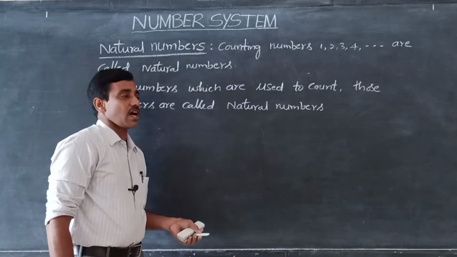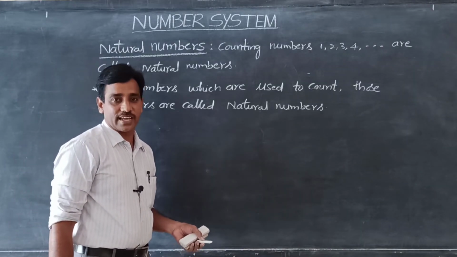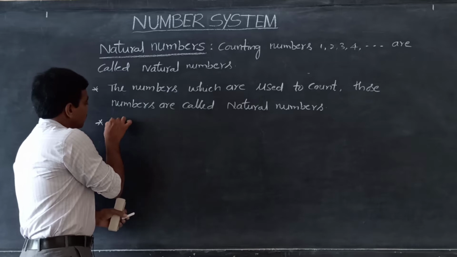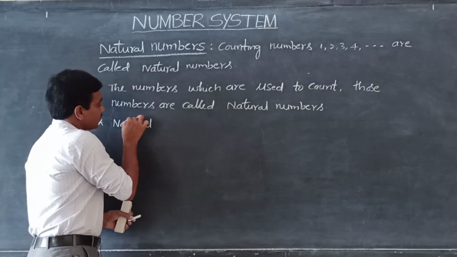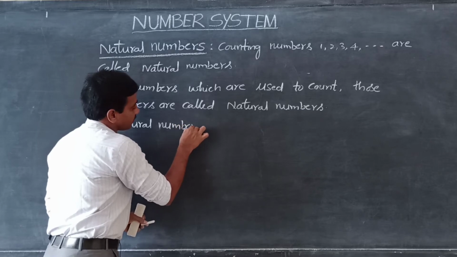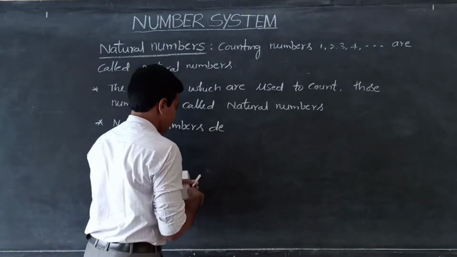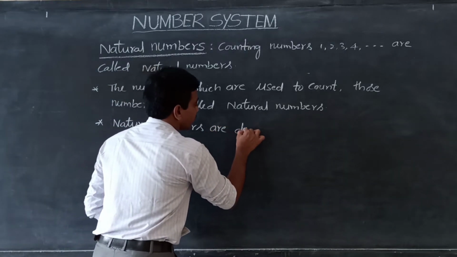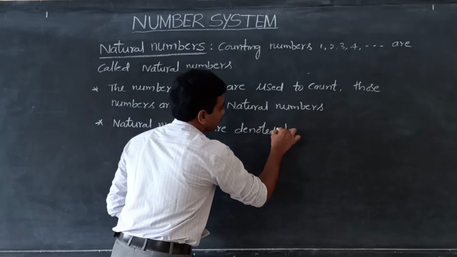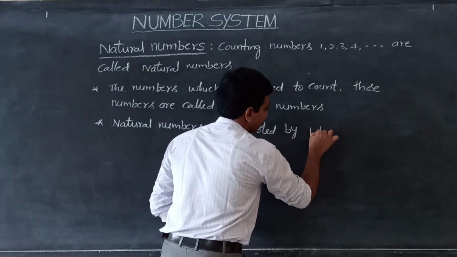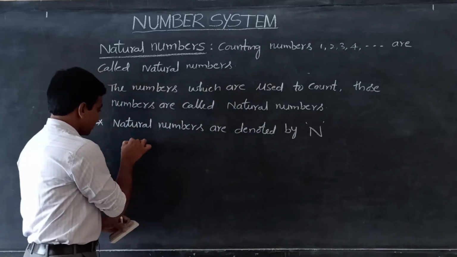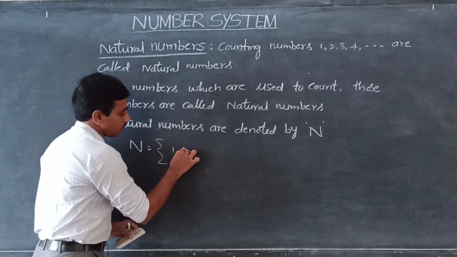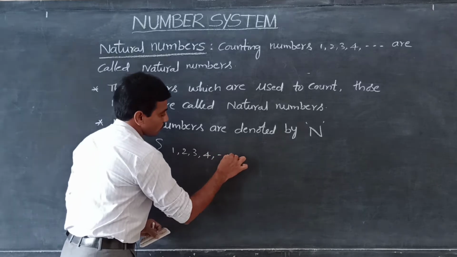Generally, natural numbers are denoted by the capital letter N. So, we can write the numbers in this way, that is 1, 2, 3, 4 and so on.